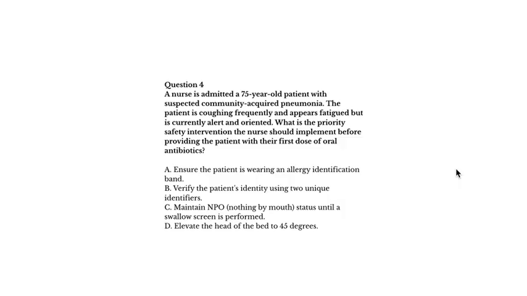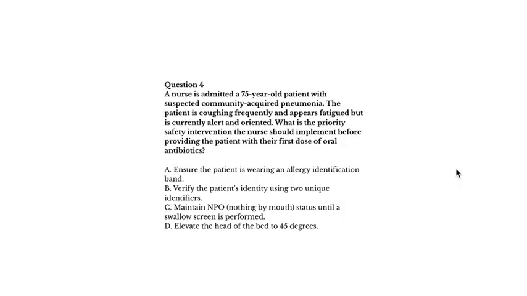Question number 4. A nurse is admitting a 75-year-old patient who is suspected of community-acquired pneumonia. So this is community-acquired pneumonia, and potentially this is probably a nursing home or somewhere. The patient is coughing frequently and appears fatigued, but is currently alert and oriented. What is the priority safety intervention the nurse should implement before providing the patient with their first dose of oral antibiotics?